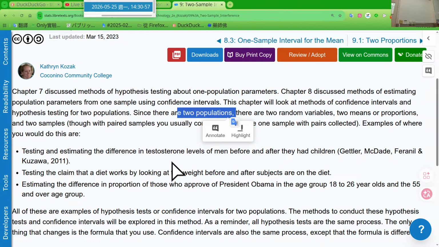There are two groups, and it's impossible to calculate all their heights and get the average. Thus, we randomly pick some useful information. They are called samples. We compare two groups of samples to predict two populations. That's the purpose of this course.